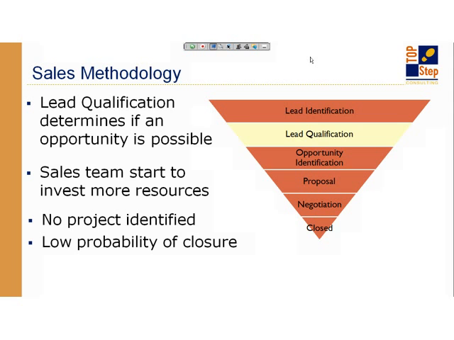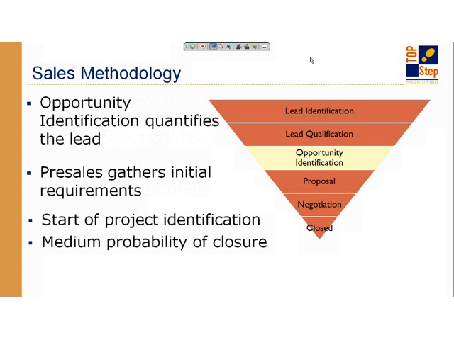So now you get down into the opportunity identification, and this is where there may have been one or two additional phone calls, and now pre-sales resources typically are getting involved with the customer to identify what their requirements are, what they need, what their business challenge is. And from that identification is where you start to get an idea of what kind of work your organization will do with the customer.